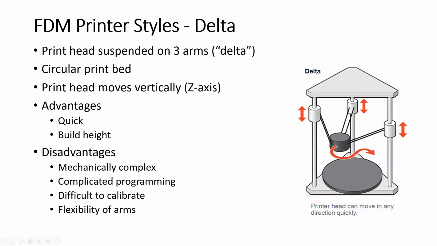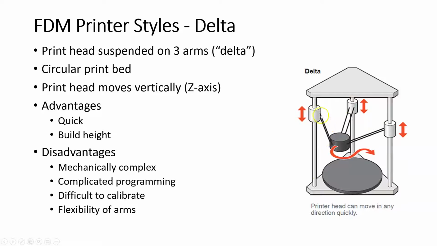Now, another process that actually is fairly common, maybe common is too strong of a term, but you don't have to look too hard to find examples of a delta process. Now, delta, the print head is going to be controlled by these three kind of actuators that are going to move up and down on these rods, okay?